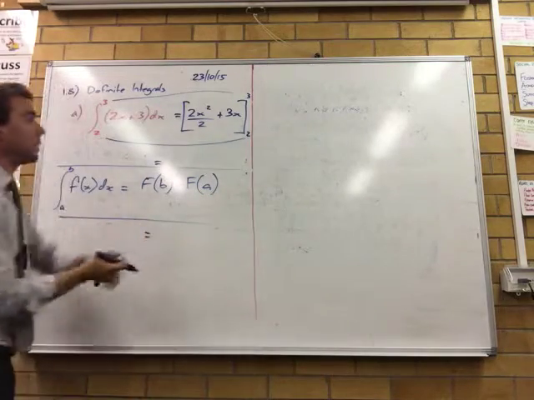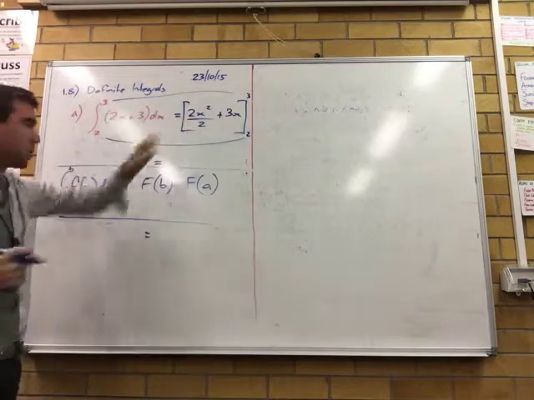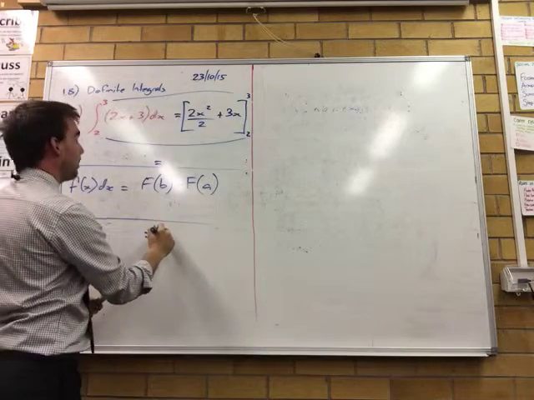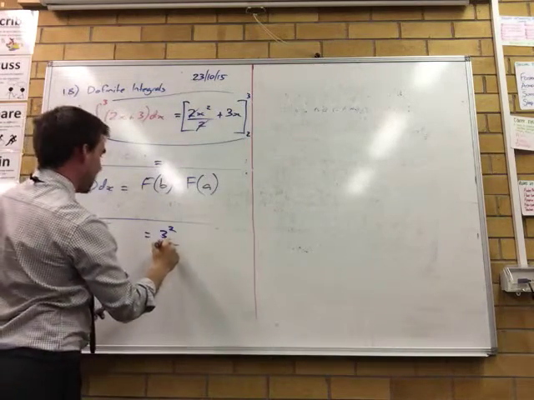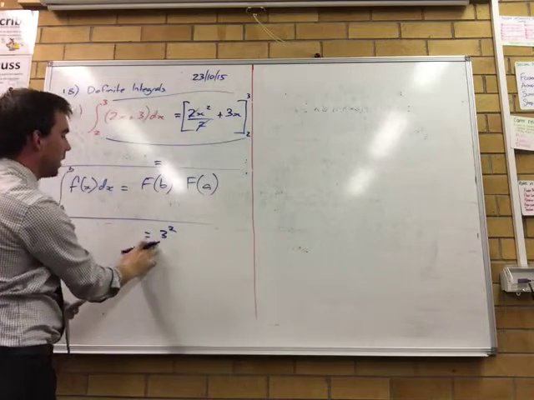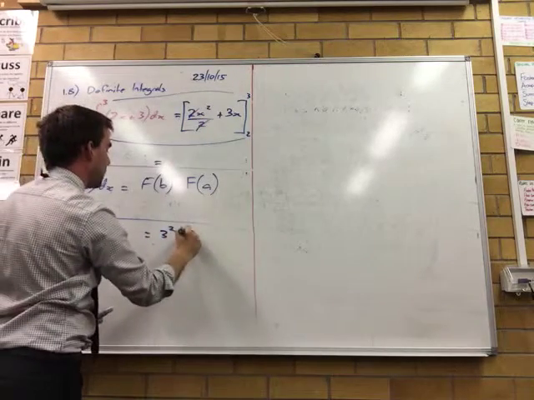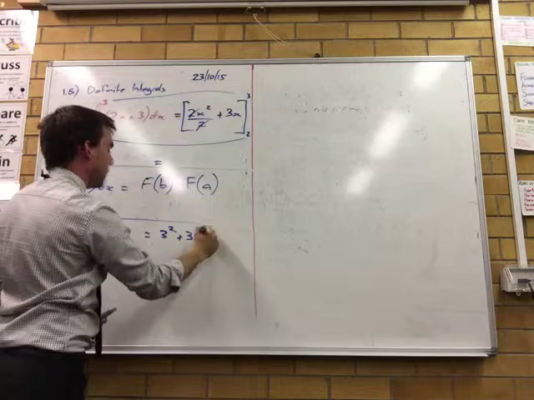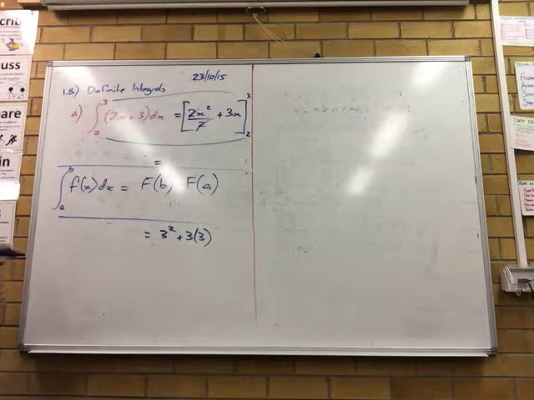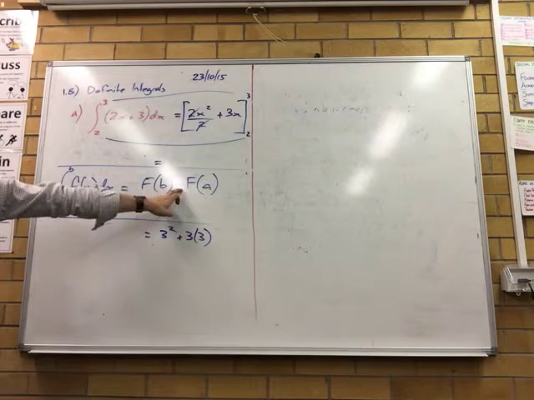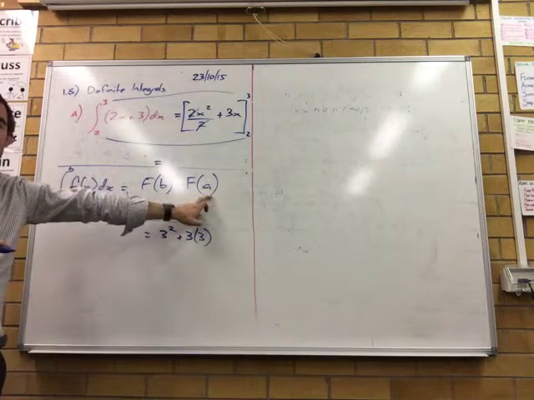So I need to substitute in 3 for x: 3 squared plus 3 lots of 3. Then you take away the primitive function at the value a.